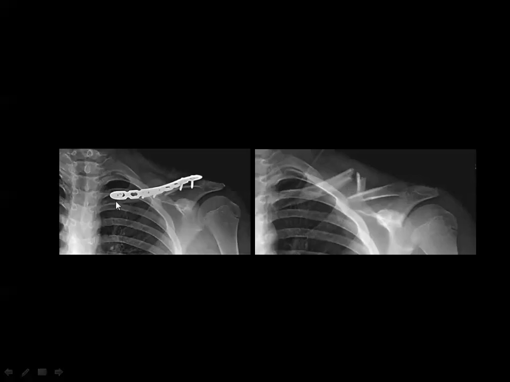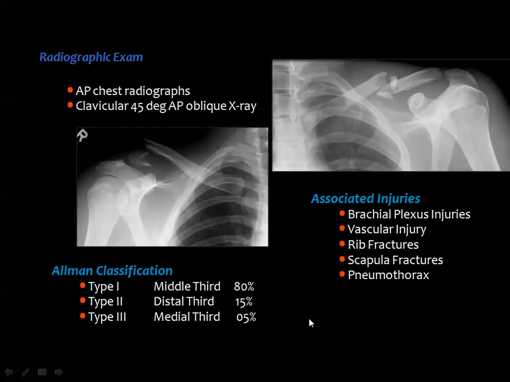This is an example of how this fracture is internally fixed. The types of clavicular fractures include type 1 affecting the middle third, which is the most common, type 2 the distal third, which is less common, and the least common involves the medial third.